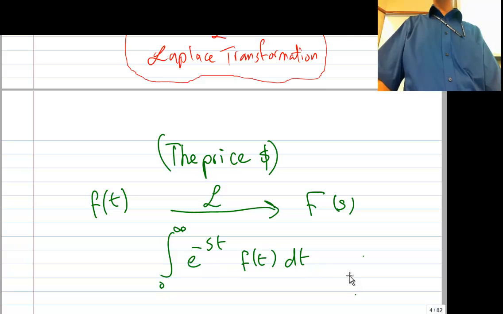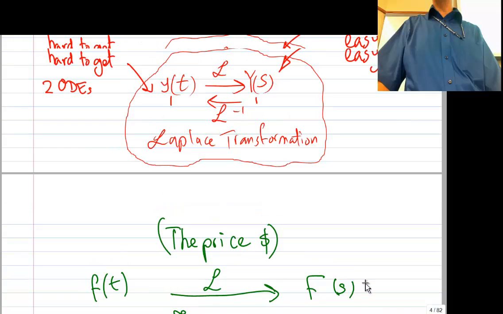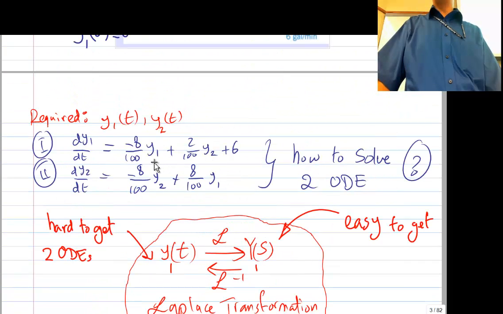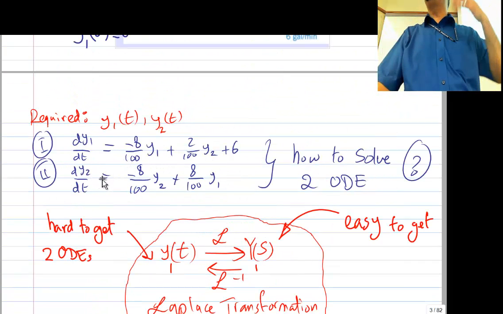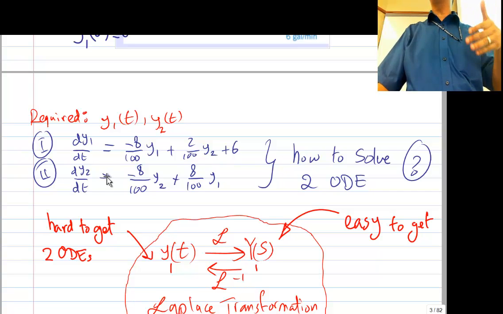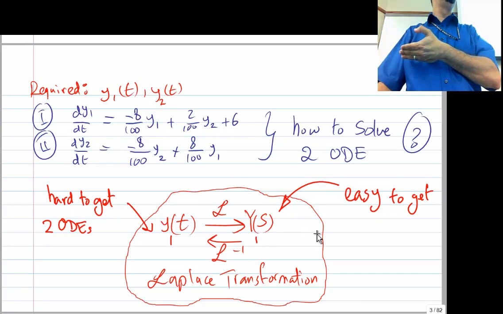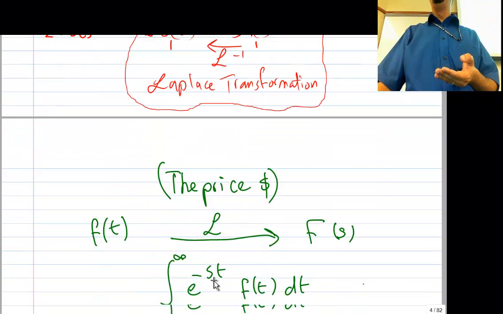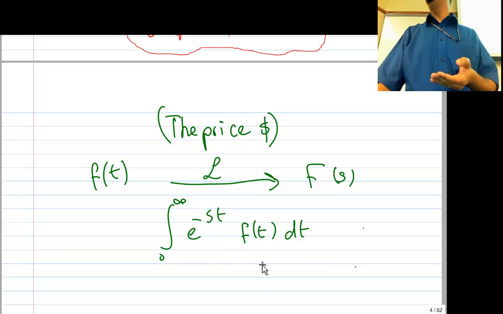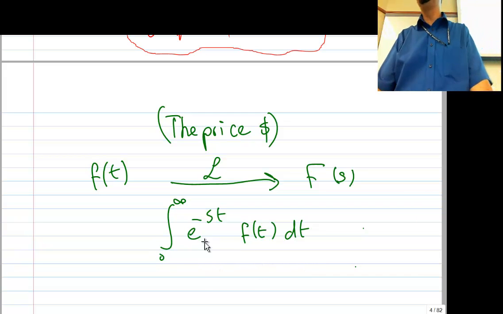Right now you should feel worried, because you didn't really want to integrate the ordinary differential equation, and you were looking for an easy solution, and that sounded like a magic solution. Let's take the Laplace, solve it easily, and come back. But then it turned out that you still have to integrate to do that. But the good news is that those integrations have been done. We have the table for them.